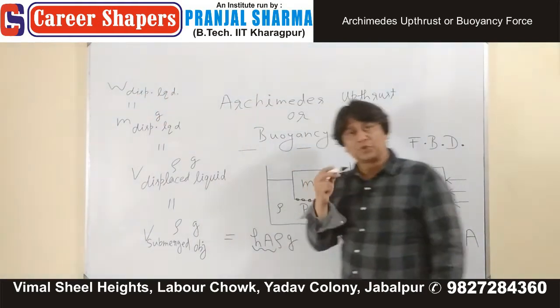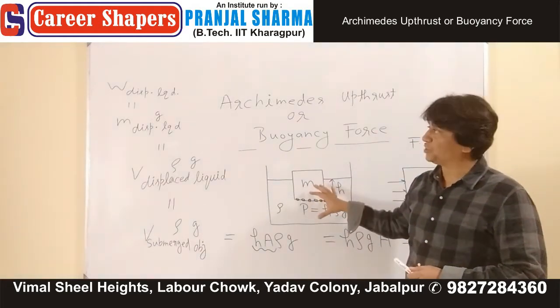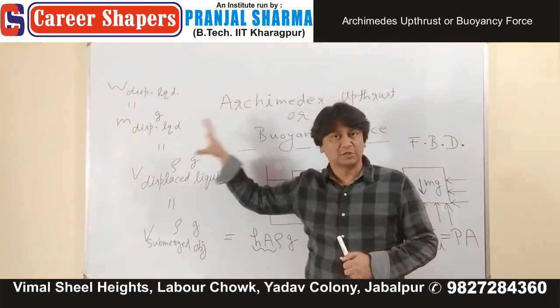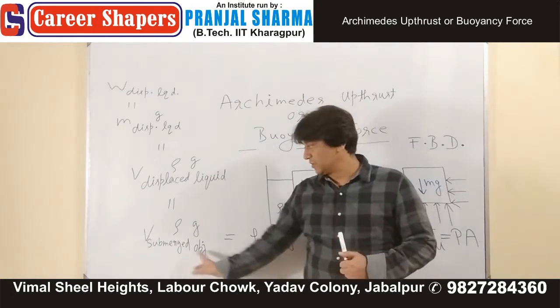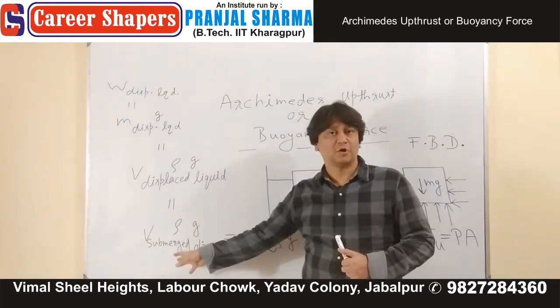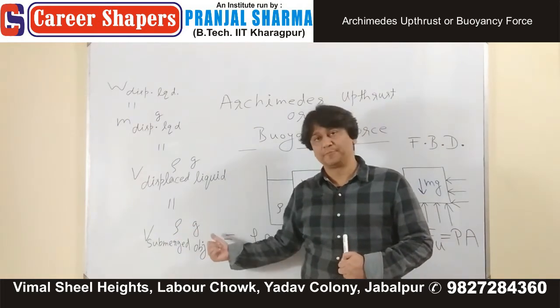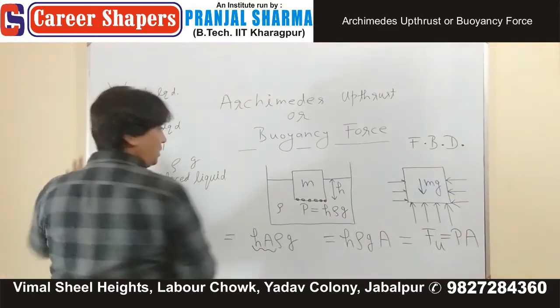So what is upthrust on an object? What is buoyancy force on an object? Weight of the displaced liquid. Or we can say this, volume of submerged object multiplied by density of liquid into g. Both ways it will be useful to us, but let's complete the whole analysis.